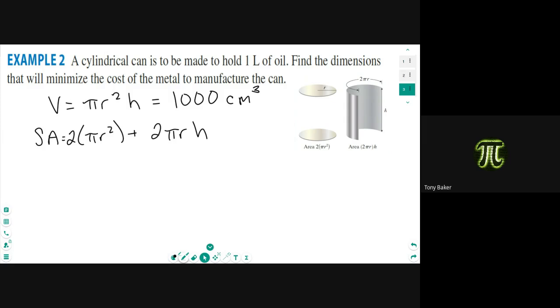Try to find an equation. Again, I've never said, oh my God, you're wrong, you're horrible. So just try. Oh, you solved for r. Okay, you can do that. That's fine. That is the equation. Now find your derivative of it.